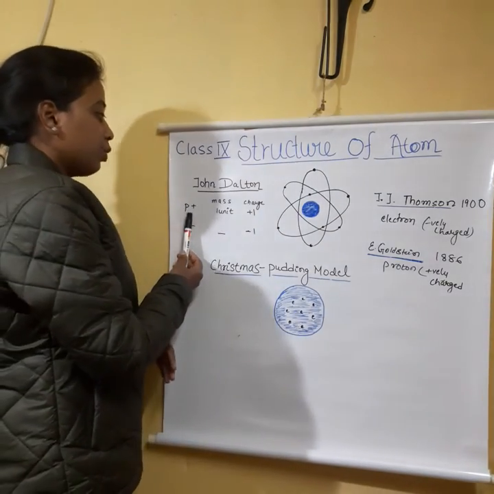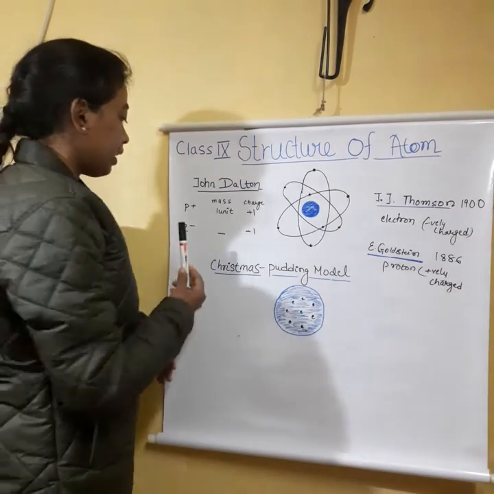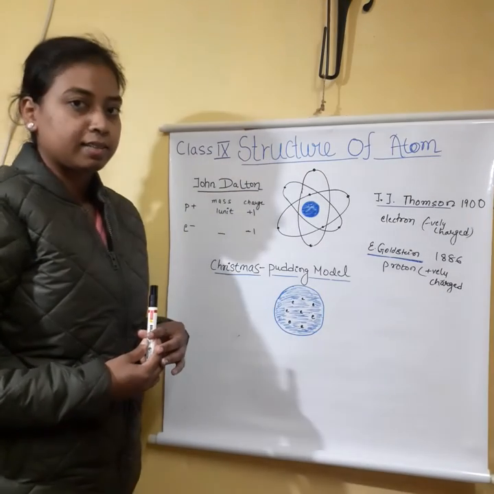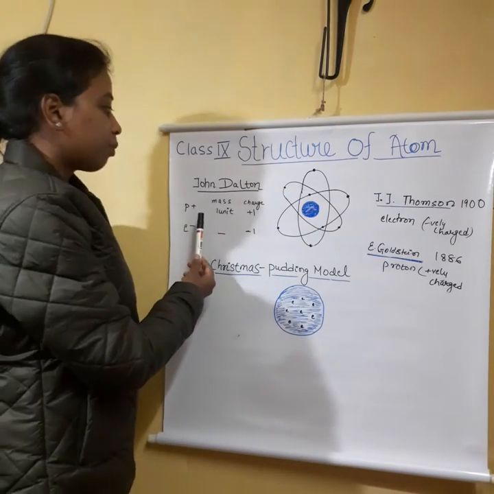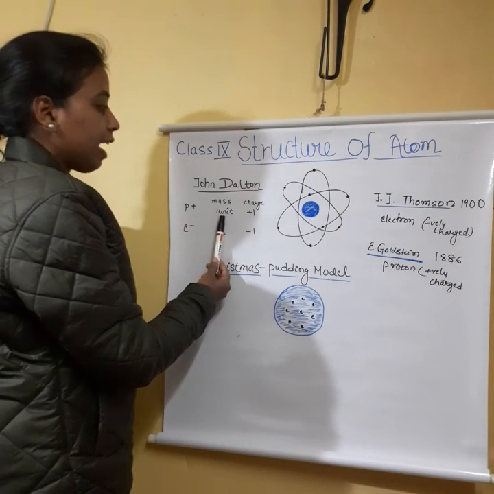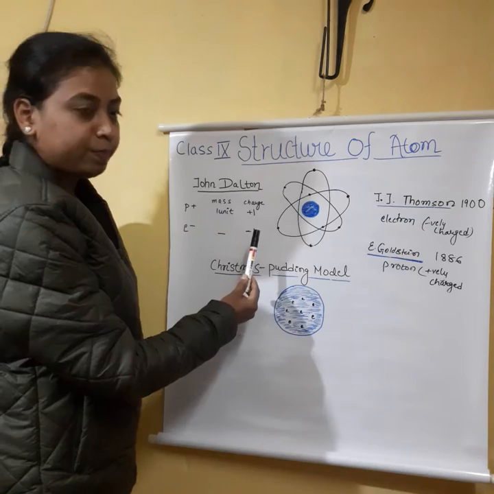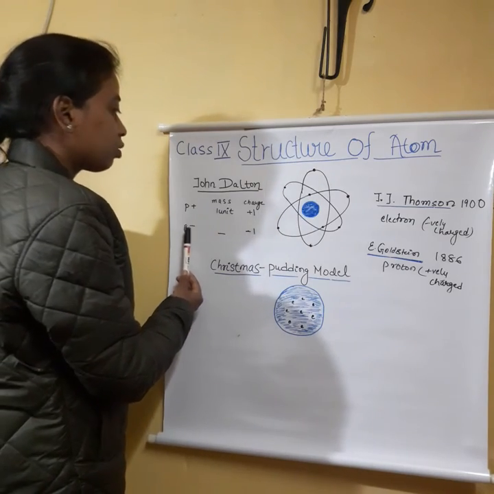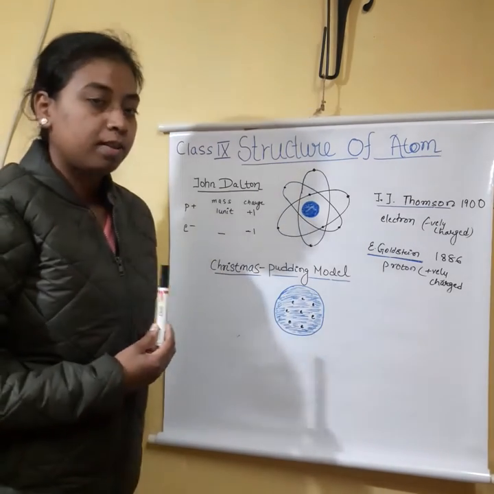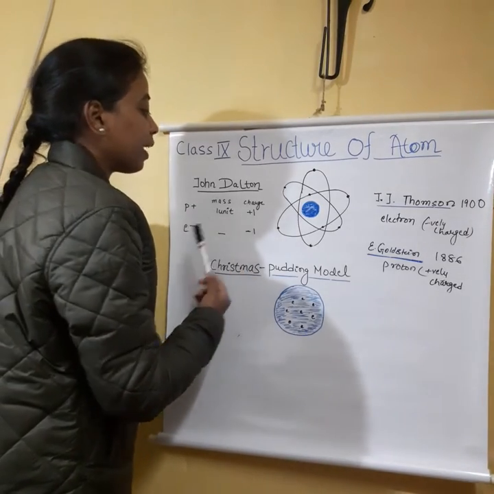The proton is denoted as P plus and the electron is denoted as E minus. The mass of the proton is 1 unit and the charge is +1, whereas the mass of the electron is negligible and the charge is -1.